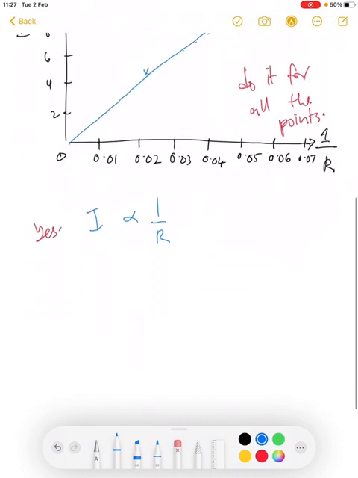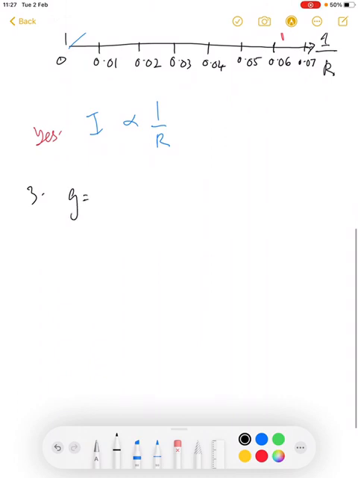Okay, number 3. Given that g equals 0.15 and h equals 8, express g in terms of h. For a, g varies inversely as h.